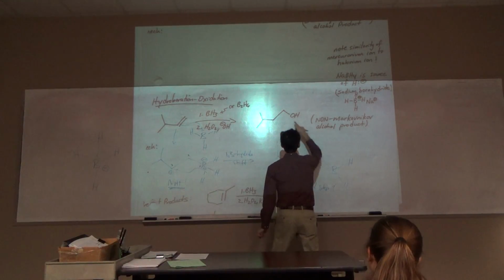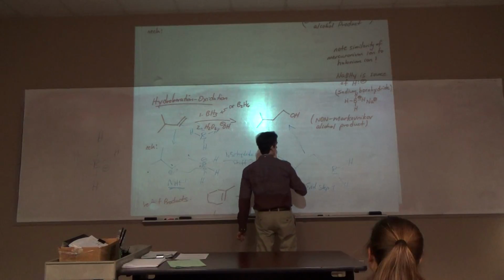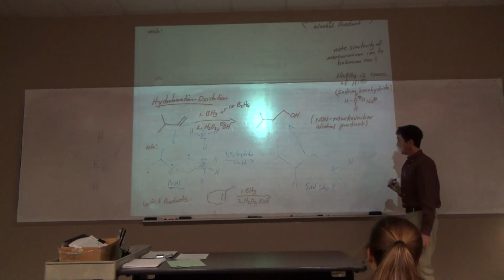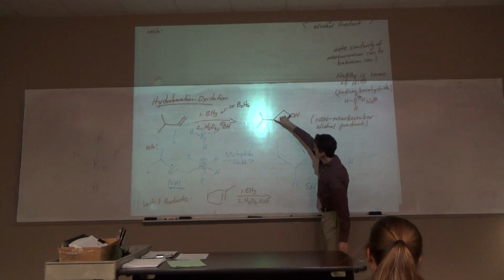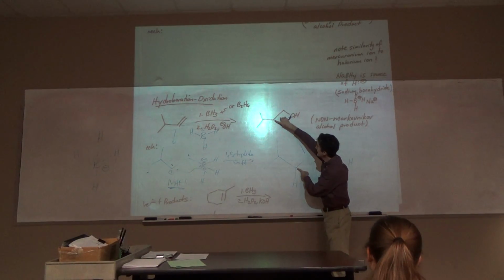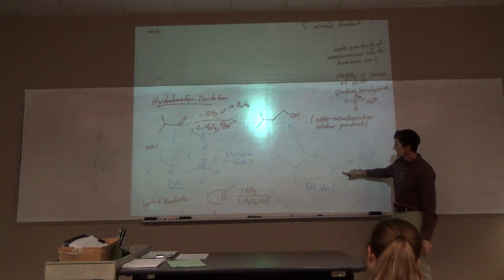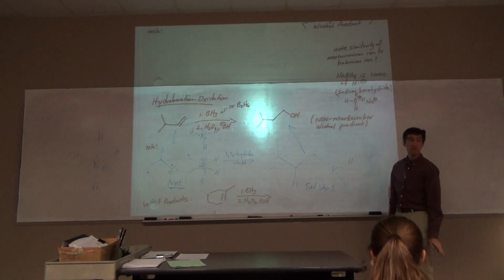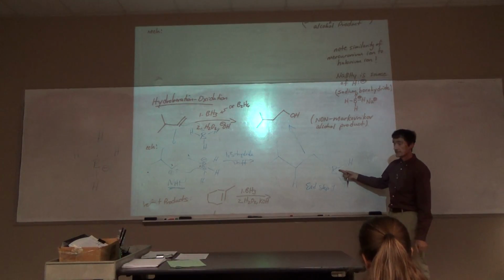What do we need to do to get the final product? There's 2 H's here. We've got the H's there. What do we need to do, though? We haven't got the oxygen on there yet. We've got to replace the boron with what?